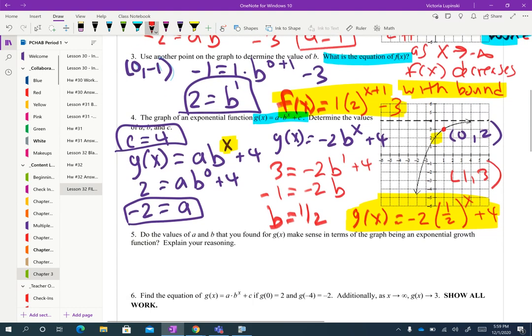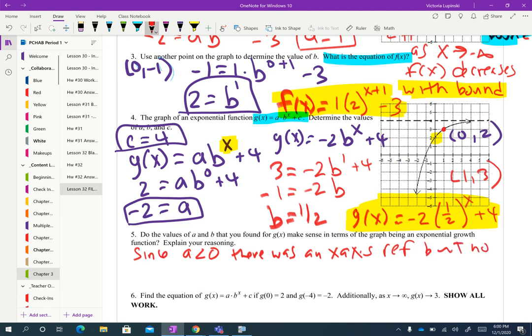It says, do the values of a and b that you found for g of x make sense in terms of the graph being an exponential growth function? Explain your reasoning. So a couple different ways you could say this. Since a is less than 0, there was an x-axis reflection, but no y-axis reflection, since the x is positive.